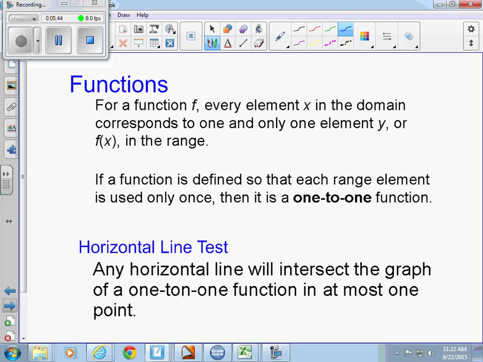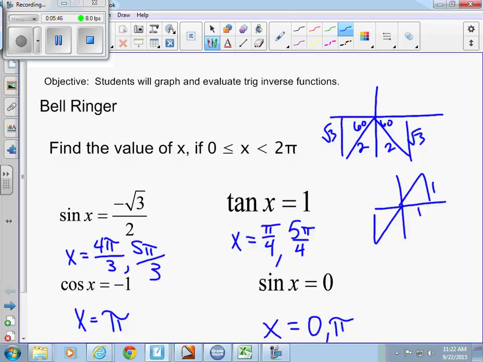That would be impossible, wouldn't it? Because if I type sine inverse of negative radical 3 over 2 in my calculator, it's only capable of giving me one answer. Well, I know we could go on all day if I didn't restrict it from 0 to 2 pi. So we're going to have to learn today what our calculator is restricting those answers to, and that can help us find other values for t.